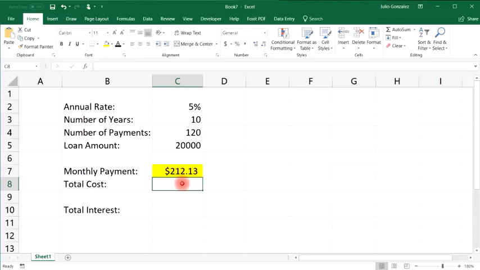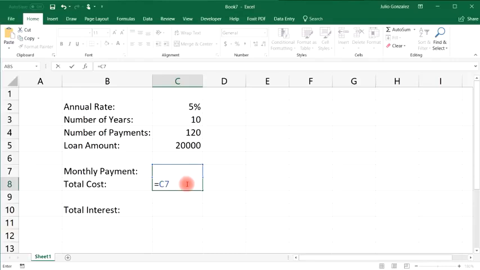But what really is the total cost that we're paying? To calculate the total cost is simply the monthly payment times the number of payments. So it's going to be whatever value we have in cell C7 times, and you can press Shift 8 to get the multiplication symbol.